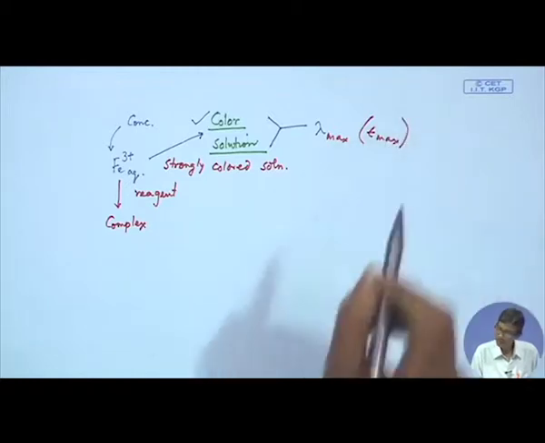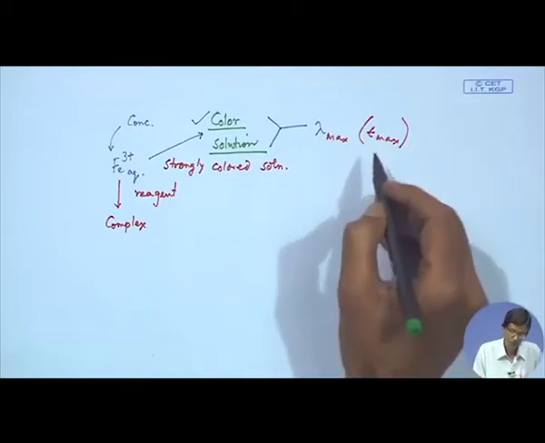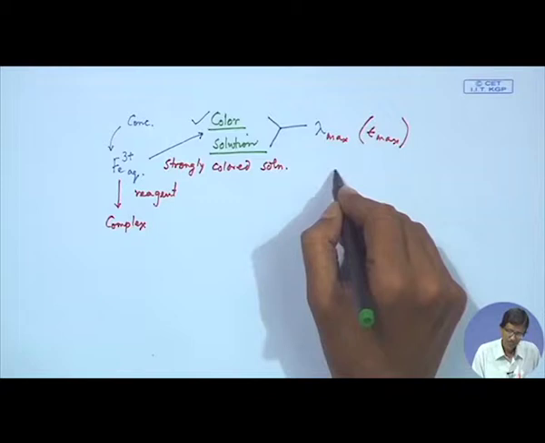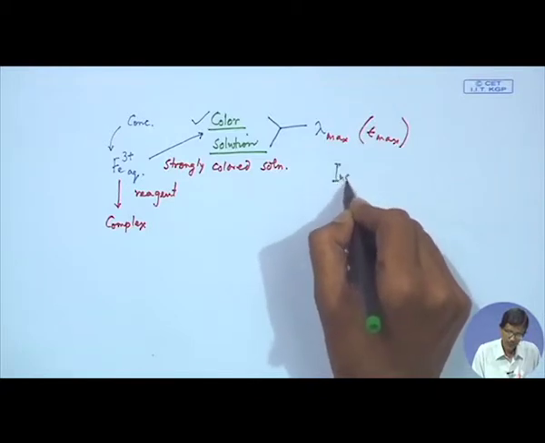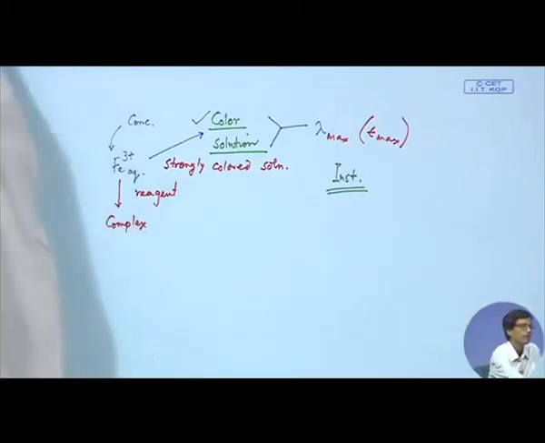Now, we will see how characteristic these lambda max and E max values are for a colored solution, and how we can determine them with the help of an instrument. That is our basic idea.